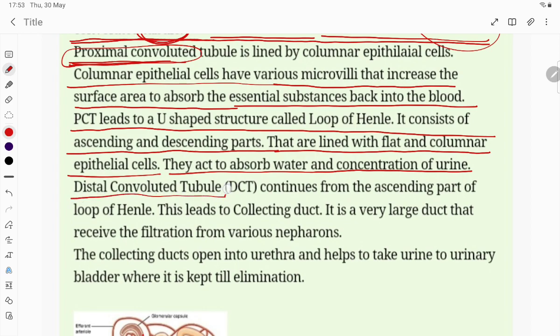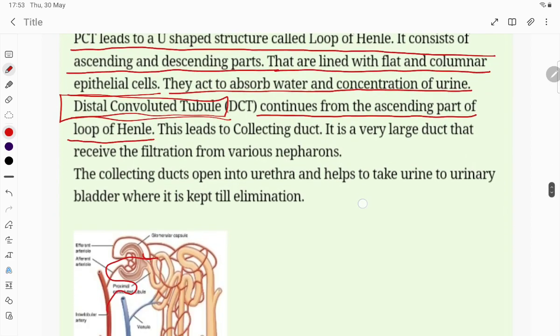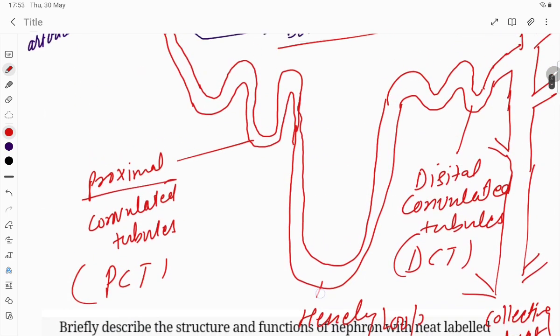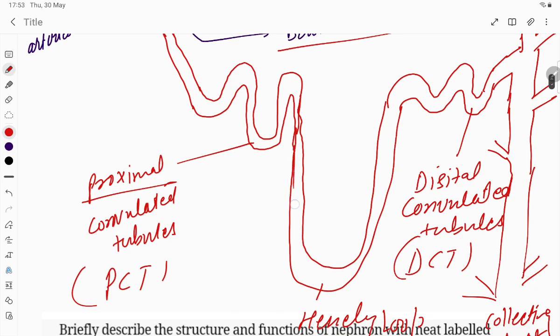Now, the distal convoluted tubule (DCT) is connected from the loop of Henle, continued from the ascending part of the loop of Henle. Here the downward part is the descending part, and this is the ascending part.